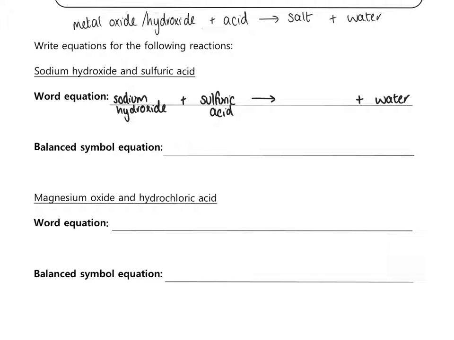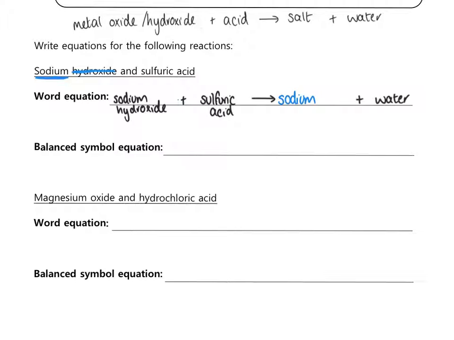Okay, naming salts is very similar to what we did with metals and acid. For the first part of the name, we look to the metal. In this case, my metal is sodium. Yes, I have hydroxide after it, but I just ignore that part of the name. So the first part of the name of the salt is sodium.